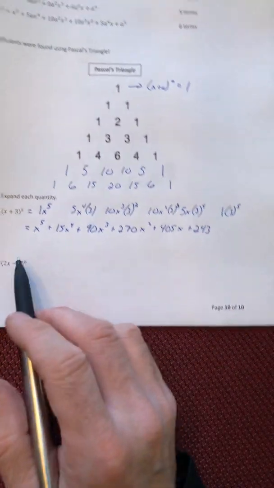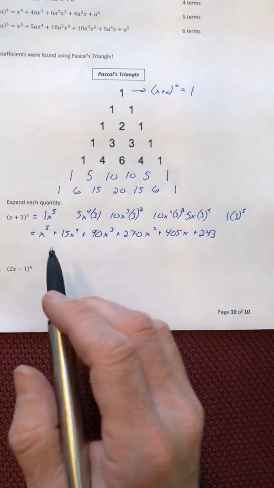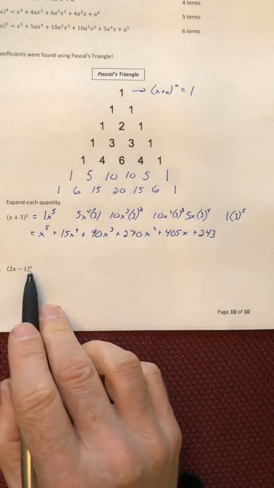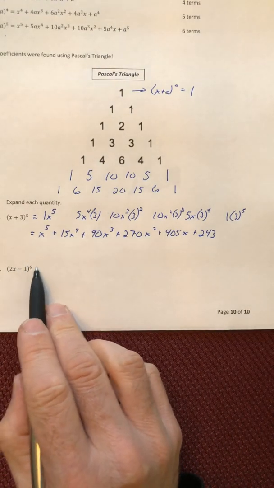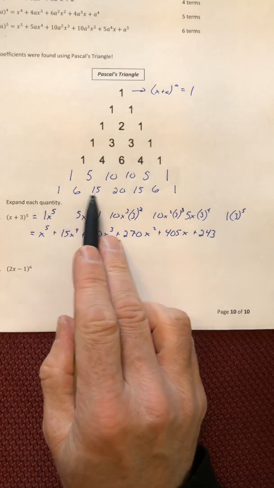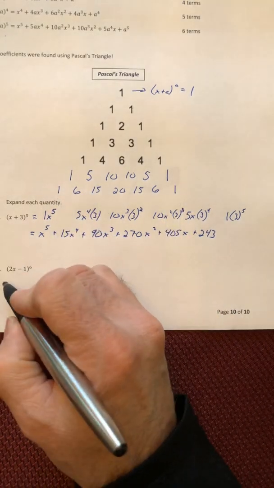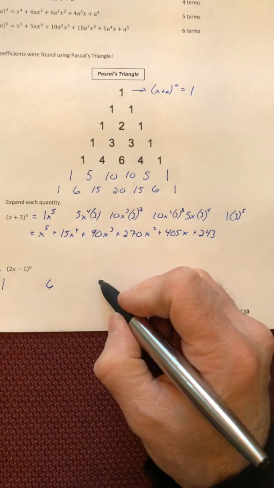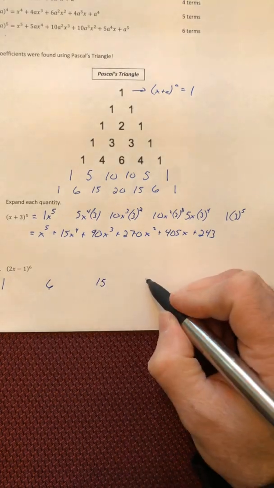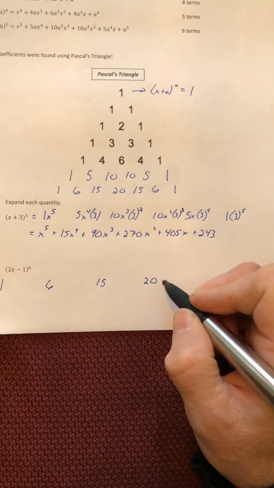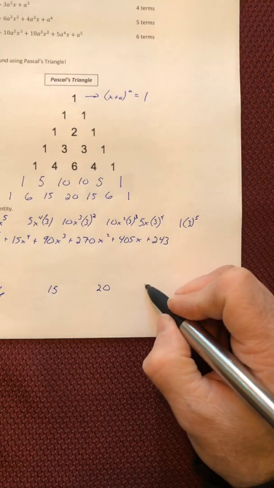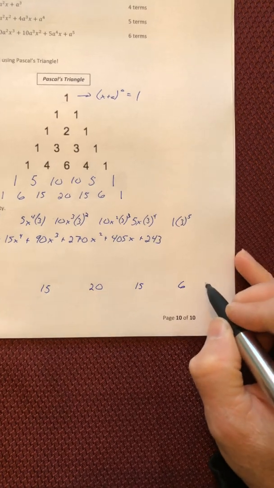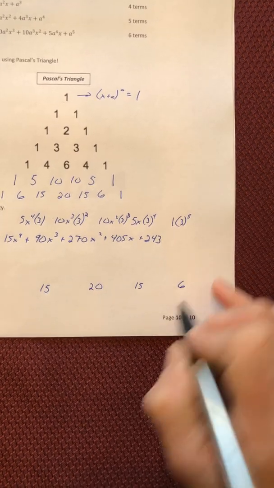So we're going to do this last one here. The row that goes with the 6th power is this one, the 1, 6, 15, and so on: 1, 6, 15, 20, 15, 6, and 1.